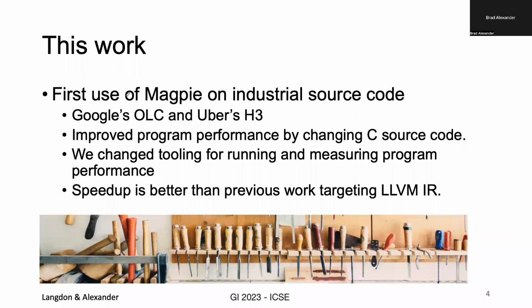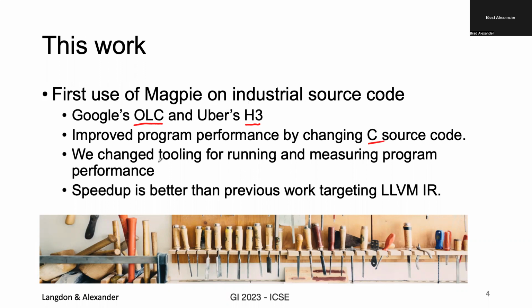So this work is really the first use of Magpie on industrial source code. Google's Open Location Code and Uber's, and I'll see if I can get this right, Hierarchical Hexagonal Spatial Indexing. What we've done is improve program performance by changing C source code.